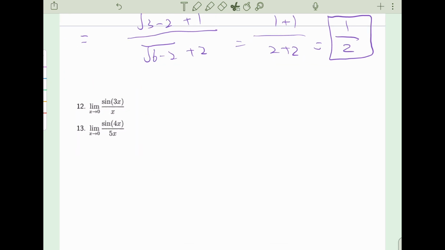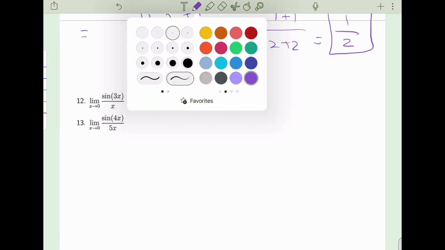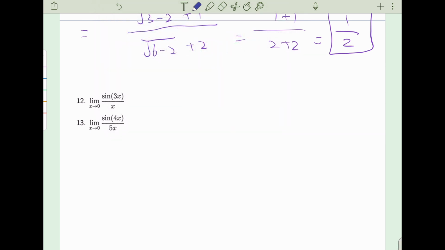Whenever we see trig function here, in most of the situations, we will need to make use of this limit that is already known. That is limit x goes to 0 sine of x divided by x equal to 1. This is a limit that is already known.